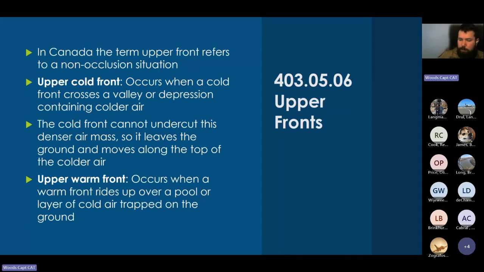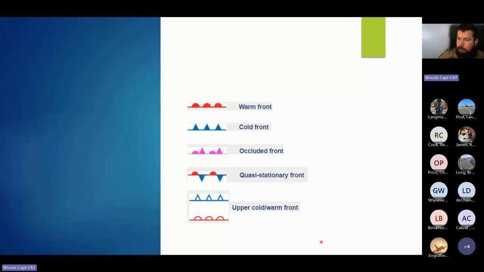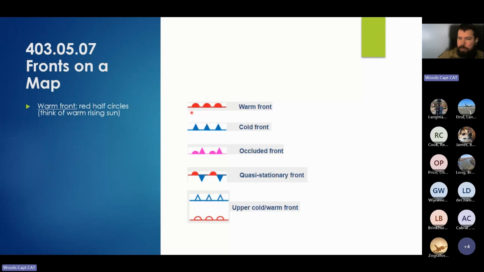All right, so what these will look like on a weather map: a warm front is going to be these red half circles on a red line. If you want to think of a warm rising sun, if that helps, go for it. Cold front, little blue triangles, think of icicles if that works for you.